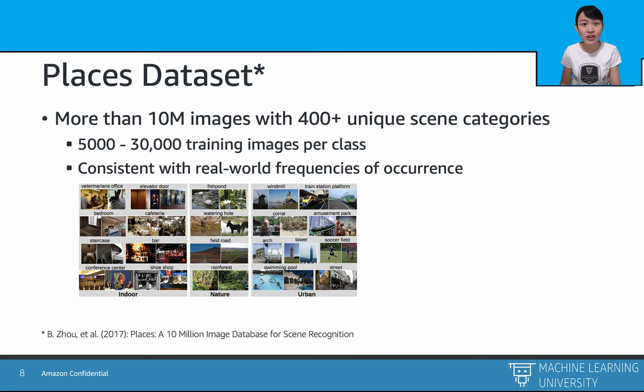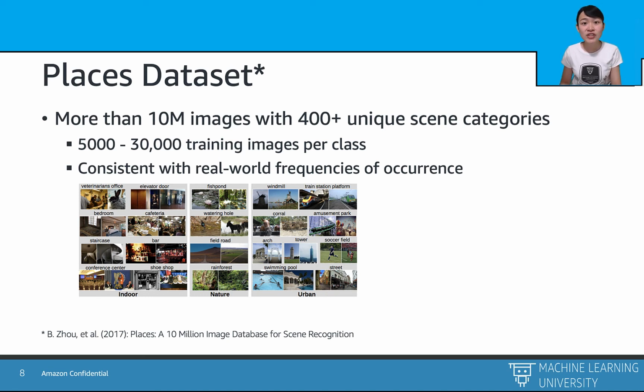Another large real-world dataset is called Places. It was aimed to build a core visual knowledge that can be used to train artificial systems for high-level visual understanding tasks, such as scene context, object recognition, actions, and event predictions, and theory of mind inference.